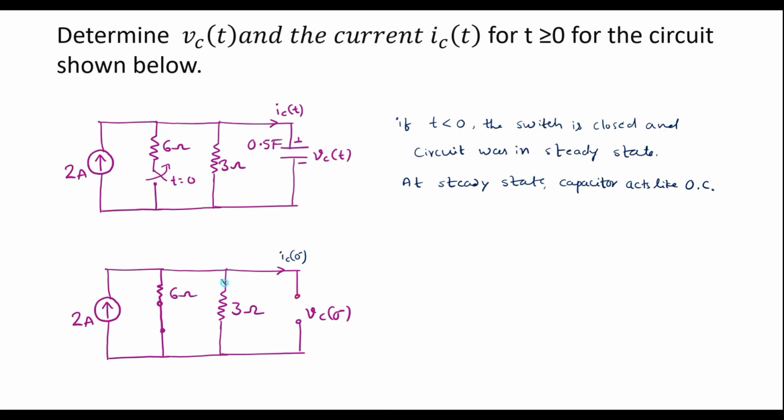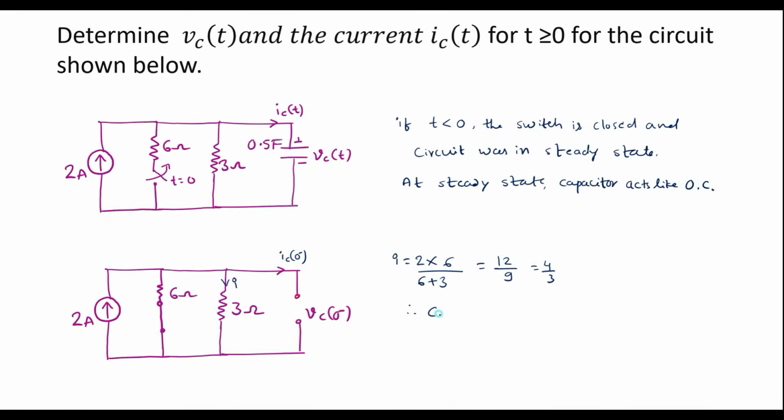So we'll find the current through this branch. I'll say the current through this branch is I. Therefore I is equal to, applying the current division rule, 2 into the opposite resistor divided by the sum of the resistors, 6 plus 3, which is equal to 12 by 9, which is 4 by 3.